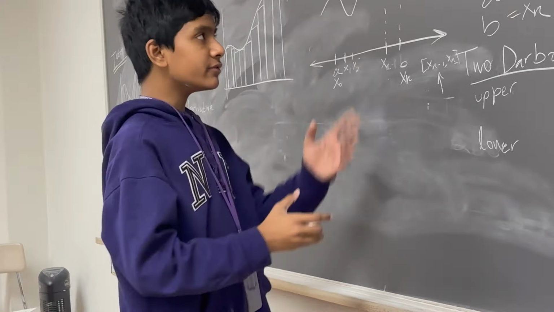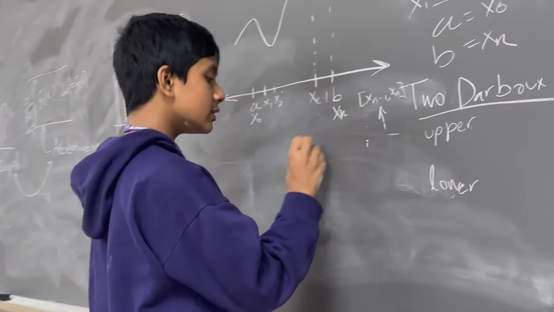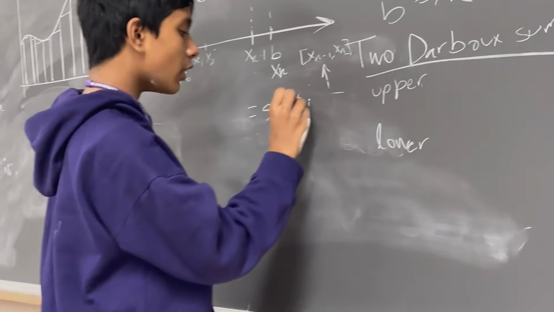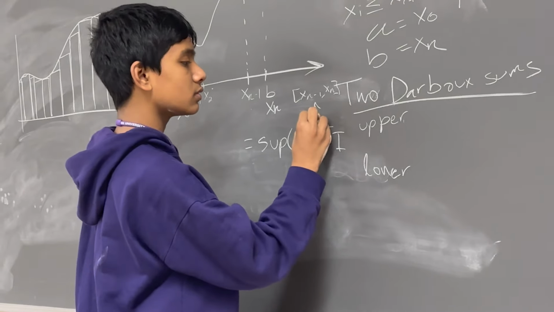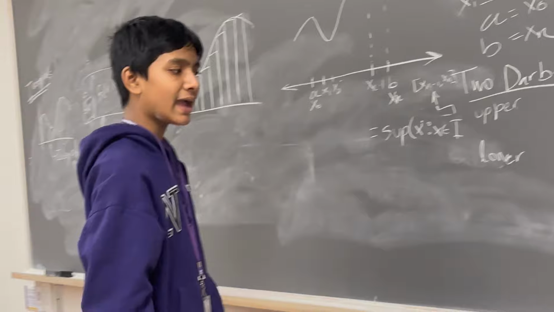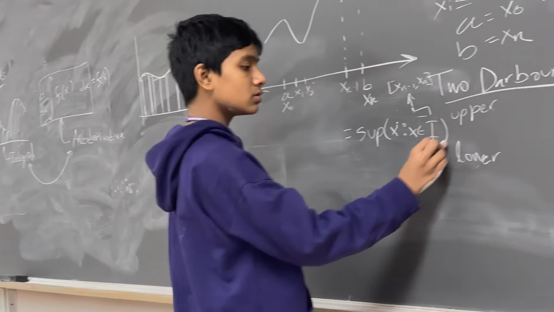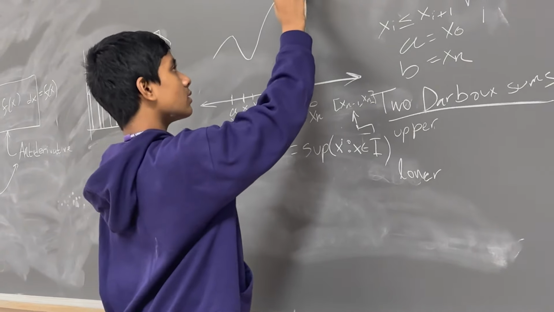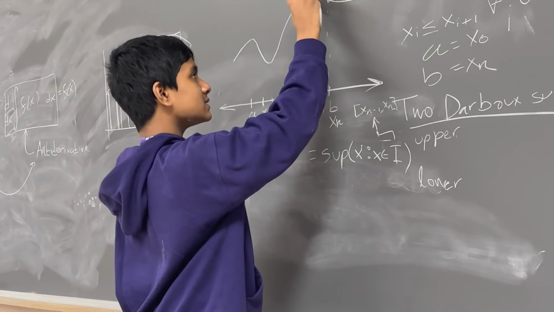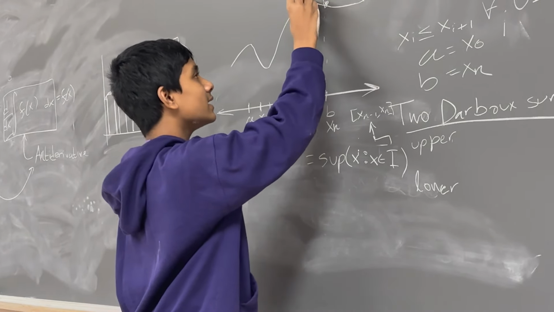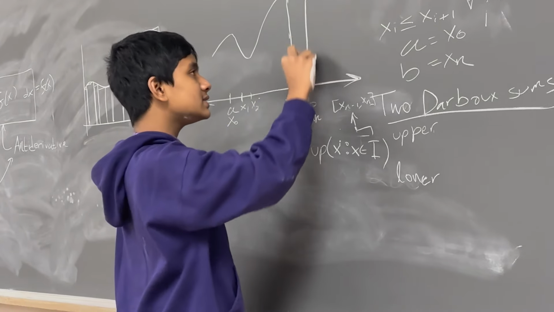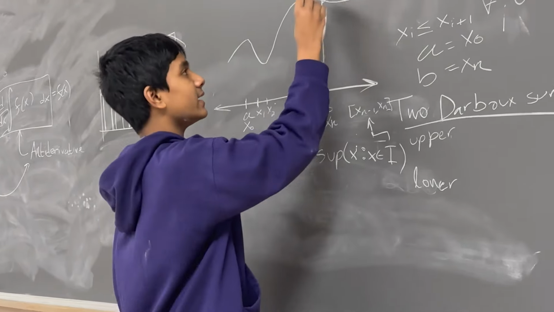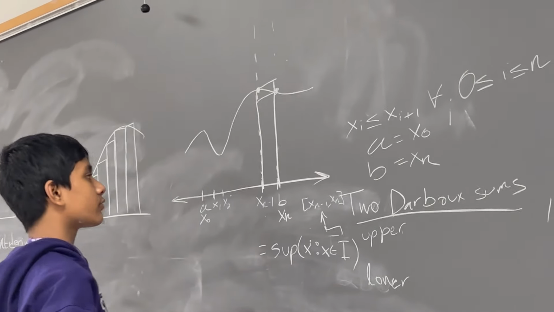So the height of each of these rectangles is equal to the supremum of f(x) such that x is in this interval from xn minus 1 to xn. So, for example, the supremum is, since this is constantly decreasing, this right here for the upper sum. And instead, for the lower sum, we take the infimum right over here.